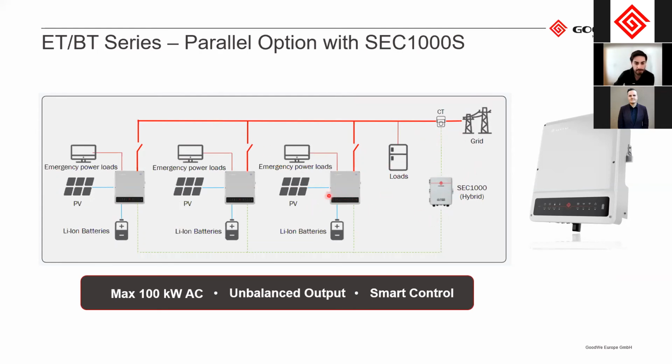However, the only limitation here is when the grid fails, then all inverters with the PV, the batteries, and the backup loads will all be isolated to that specific inverter. But when the grid is on, then they will all work in unison to provide a very efficient operation.